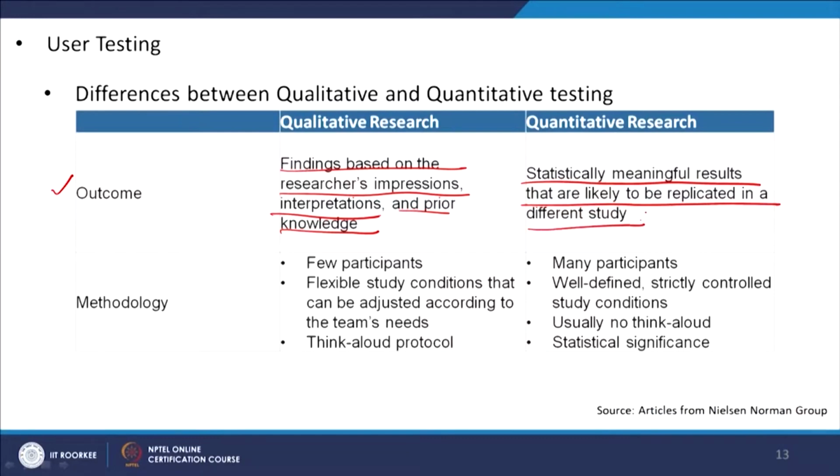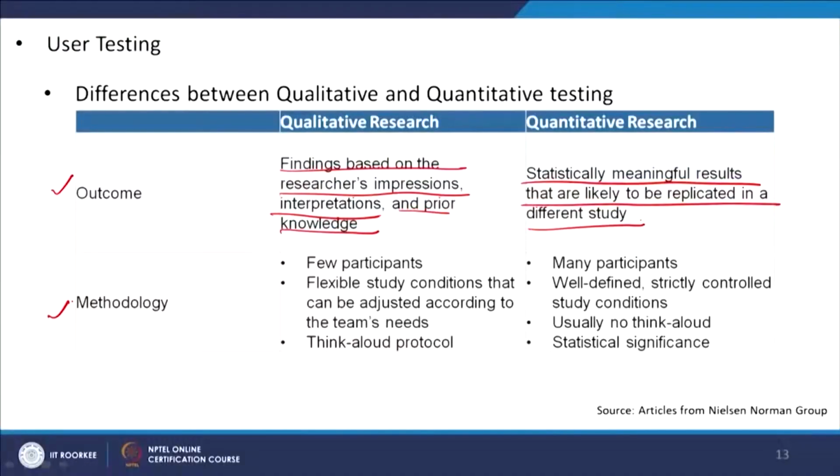These quantitative methods are statistically analyzed when we get particular data. Here the soft understanding or decoding of what users have said is not required, but statistical and mathematical analysis is required for quantitative research.